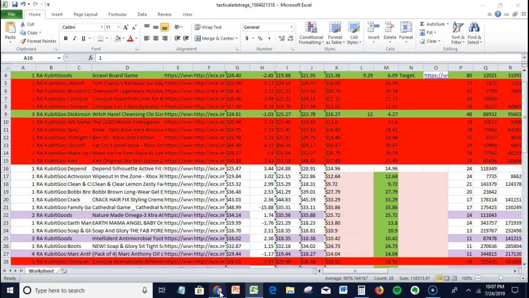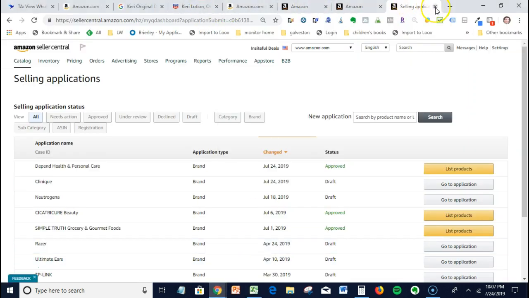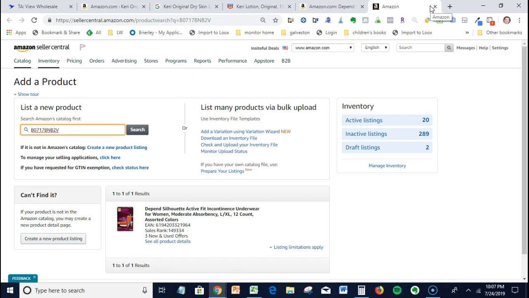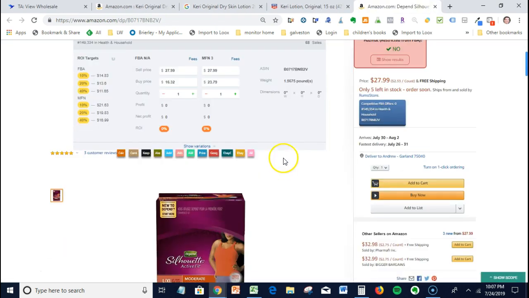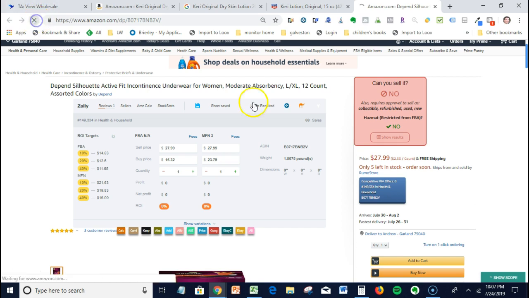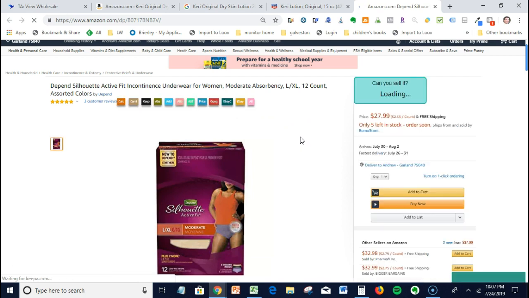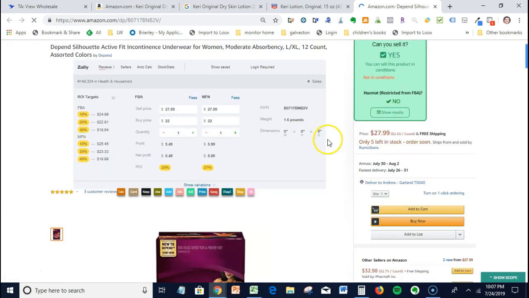So that's the profit. All right, so if we refresh it, it should turn green now. Doesn't always, but okay, good. So we can sell.